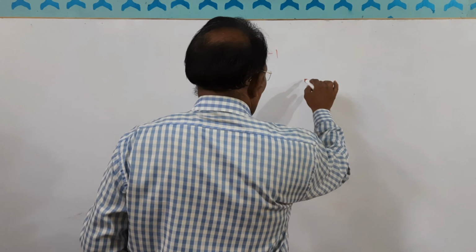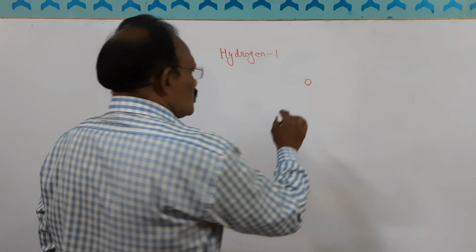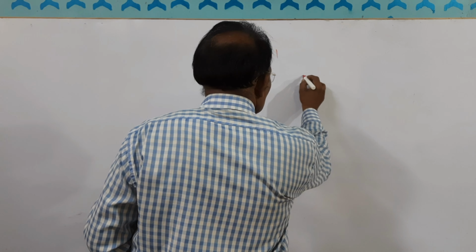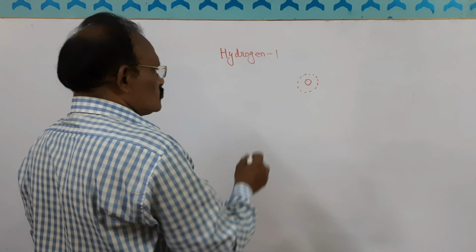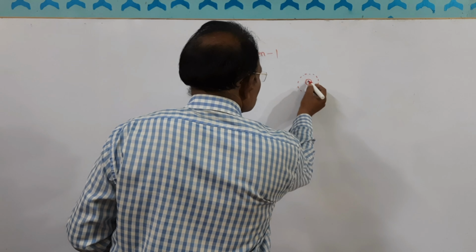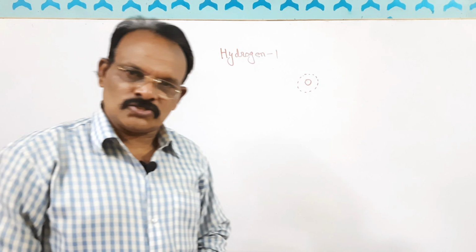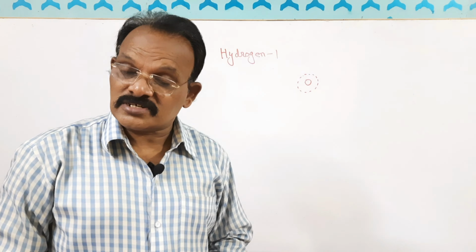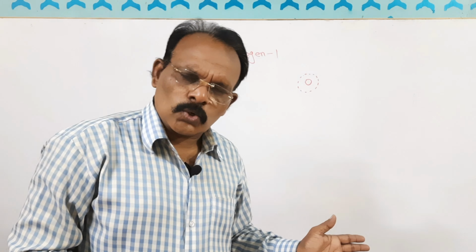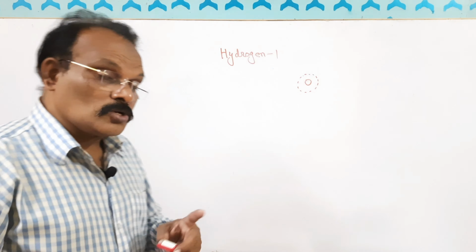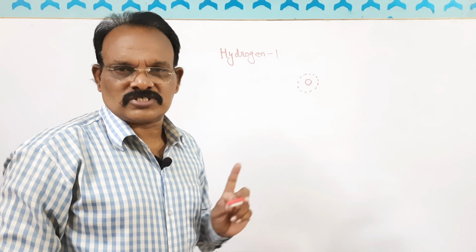Suppose this is an atom of hydrogen, with a nucleus inside. In the nucleus there are two things, proton and neutron. Protons are positively charged particles, neutrons have no charge, but electrons are negatively charged.